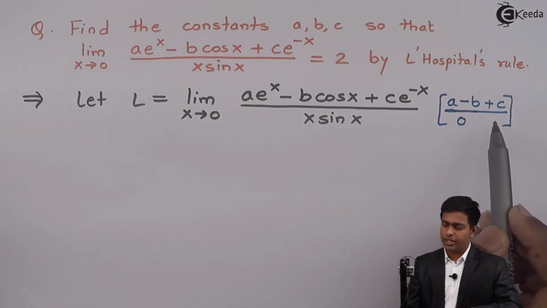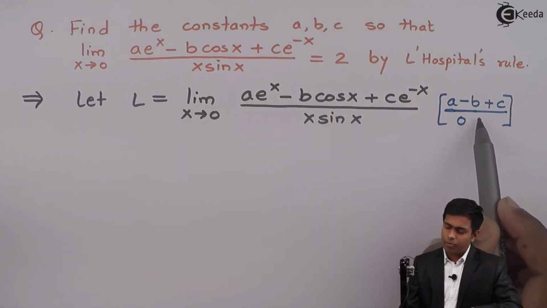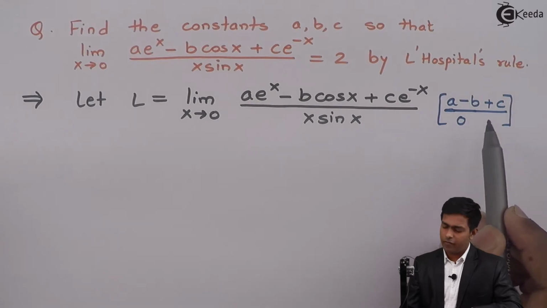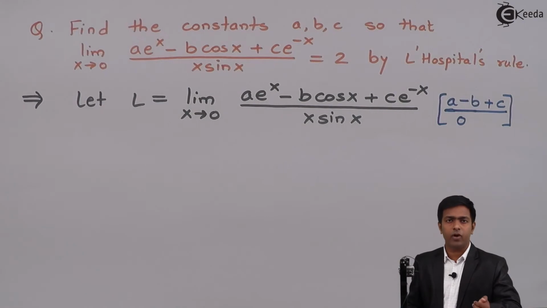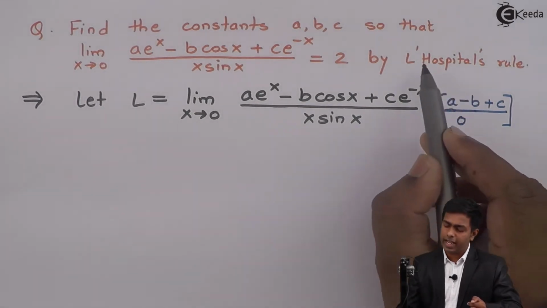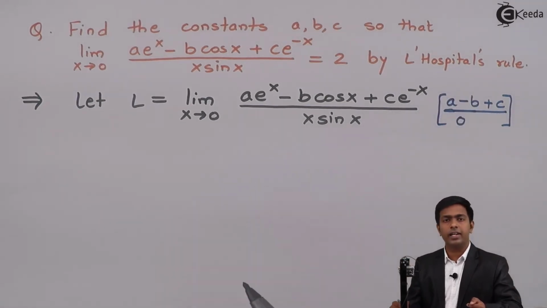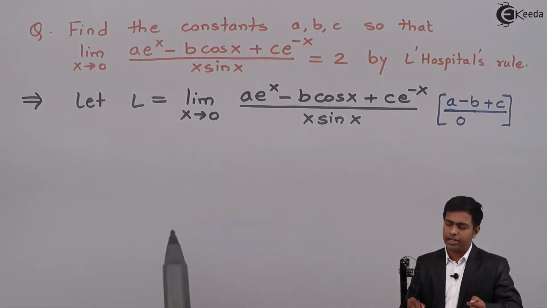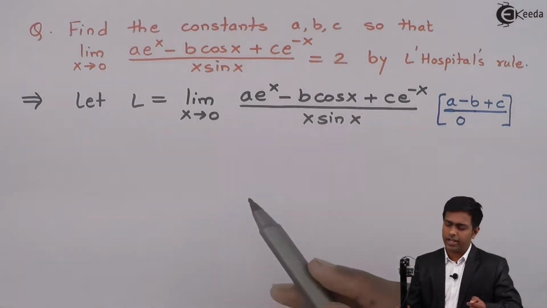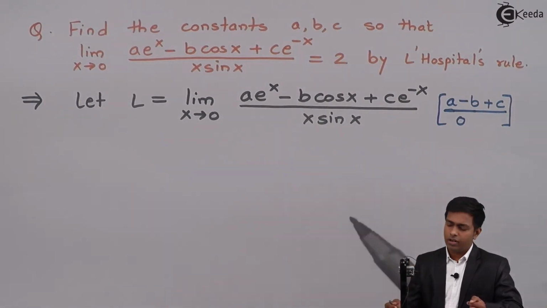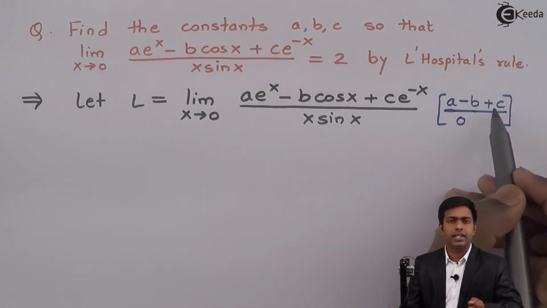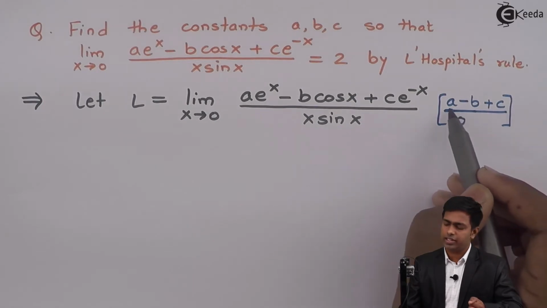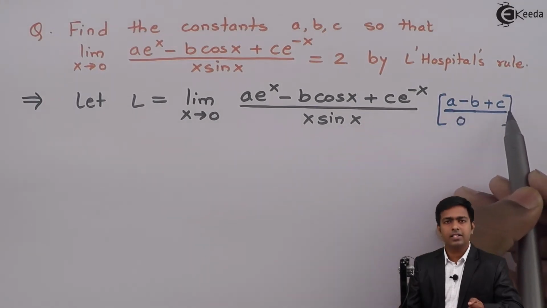When the denominator is 0 and the numerator is also 0, we get the indeterminate form 0 upon 0. And when we get an indeterminate form, we can apply L'Hopital's rule till we get the finite value, and we should get that finite value as 2. To make this an indeterminate form, we have to consider a − b + c as 0.